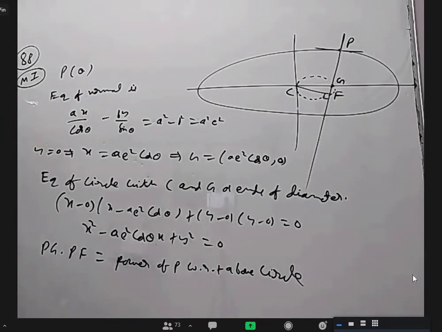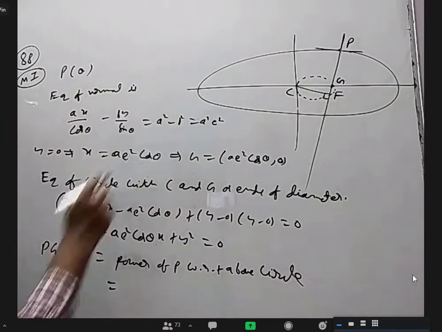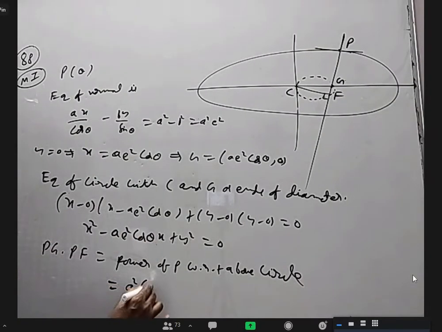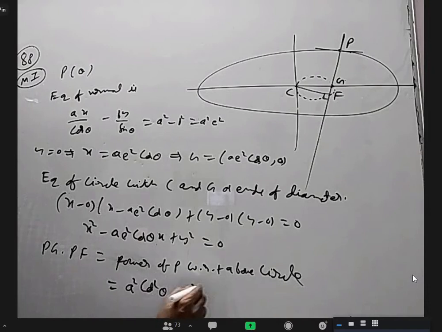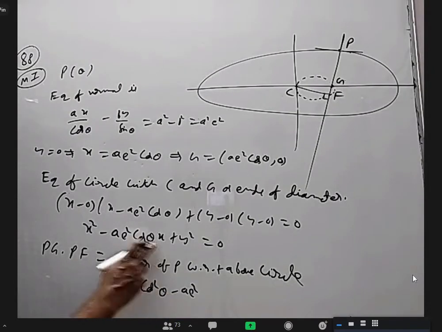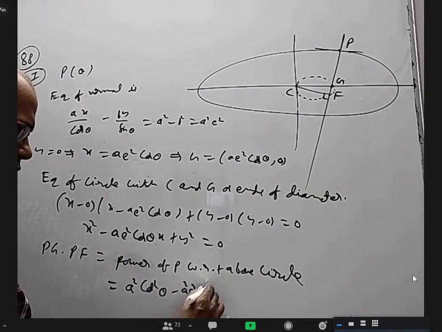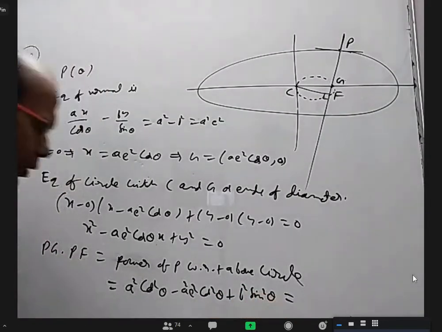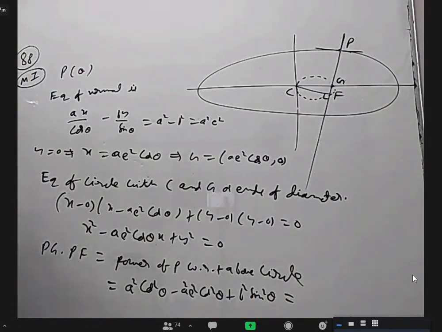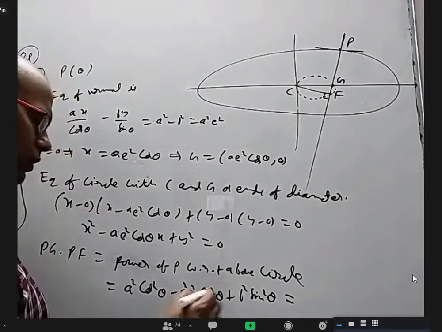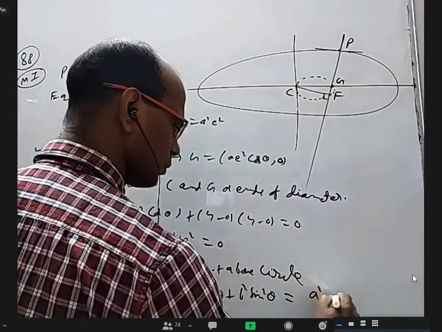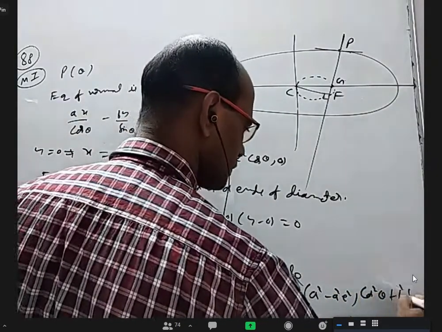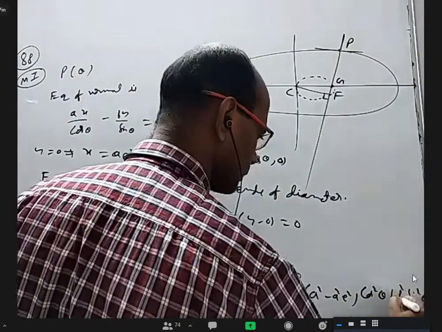Power means S11. Simply substitute a cos theta comma b sin theta here. When I substitute a cos theta, I'll get a square cos square theta minus a square e square cos square theta plus b square sin square theta. From these two I can take cos square theta common. I will be getting a square minus a square e square cos square theta plus b square sin square theta.